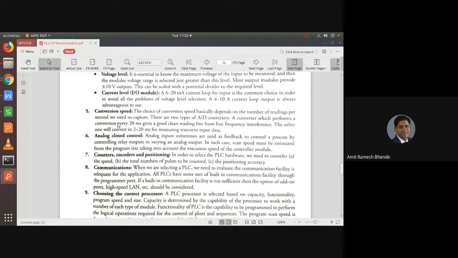So we may require a temperature reading every 5 seconds, and this 5 second period is very high as far as processing speed is concerned. So if we require temperature every 5 seconds, then you can consider that the conversion speed we require is very slow. So we don't have to invest much money in selecting a very advanced kind of hardware.